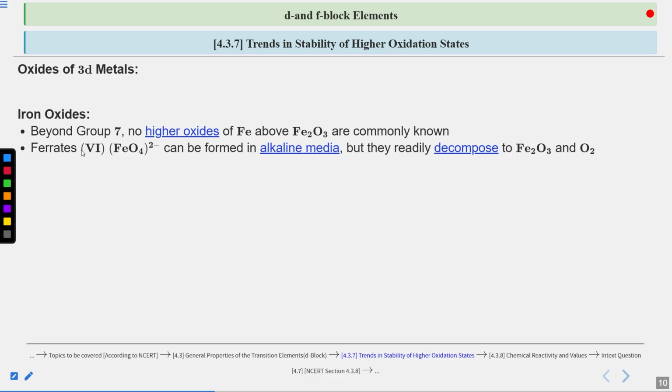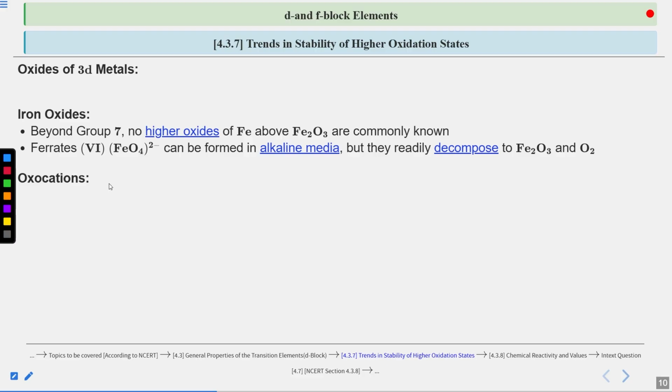But if we talk about ferrates, in which iron has +6 oxidation state, with formula FeO4 2-, these can be formed in alkaline media, but they are unstable and readily decompose to Fe2O3 and oxygen. So Fe in the +6 state forms unstable compounds, which decompose to oxygen and the stable oxides of iron.